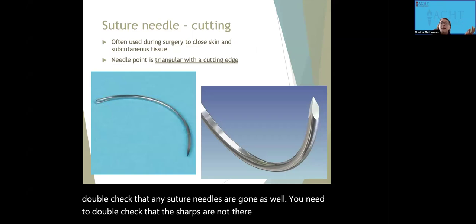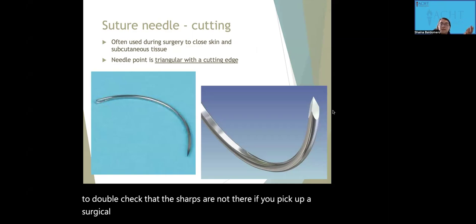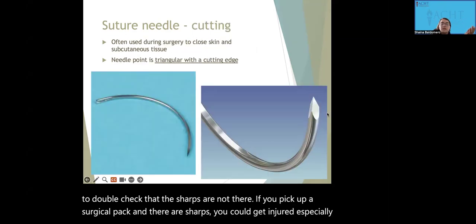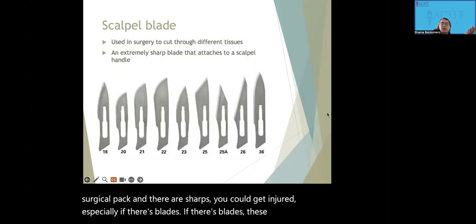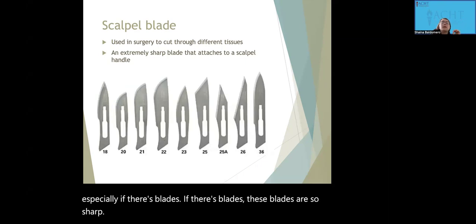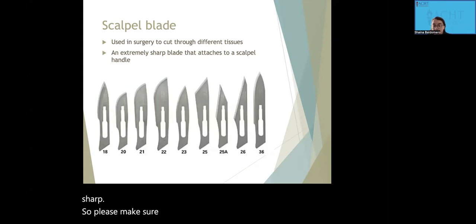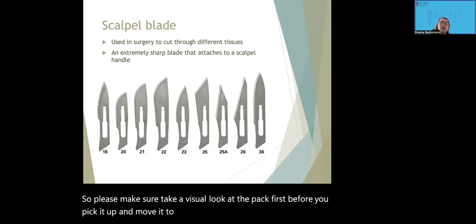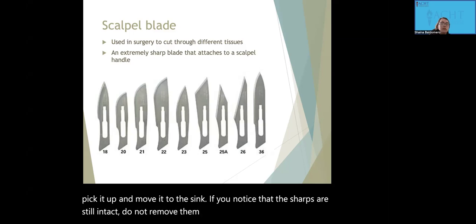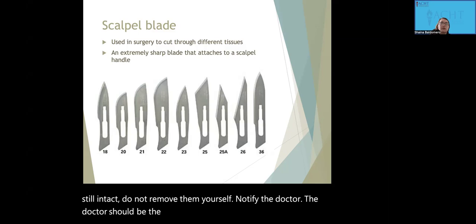If you pick up a surgical pack and there are sharps, you could get injured, especially if there's blades. These blades are so sharp. So please make sure, take a visual look at the pack first before you pick it up and move it to the sink. If you notice that the sharps are still intact, do not remove them yourself. Notify the doctor. The doctor should be the only person dealing with those sharps.